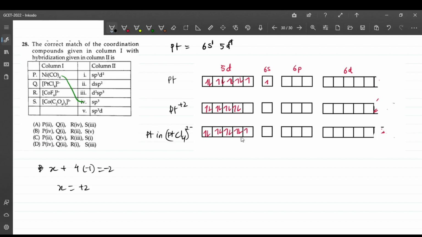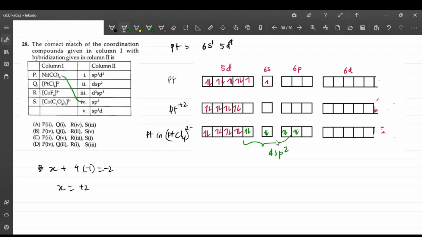And what happens is here the ligand is going to come. Ligand will be coming from here. 4 ligands are there, which are weak field ligands. So hybridization is dsp2.